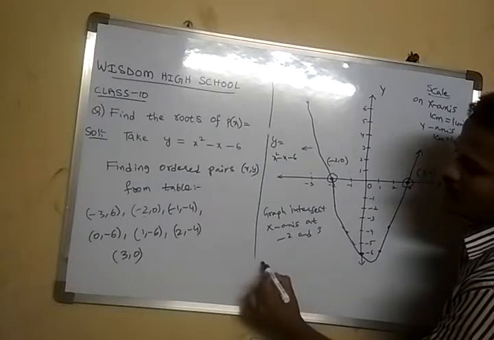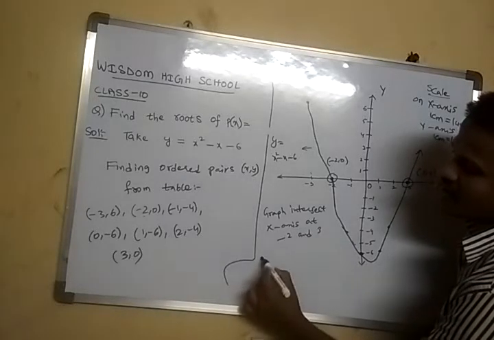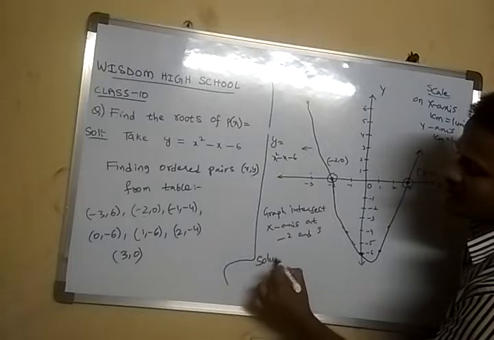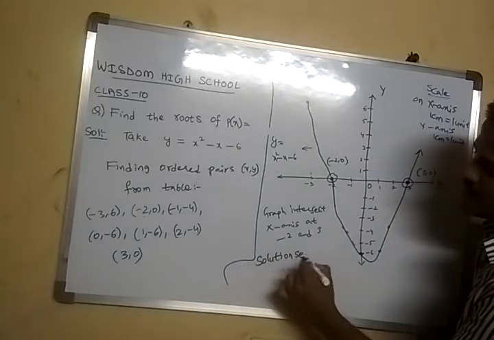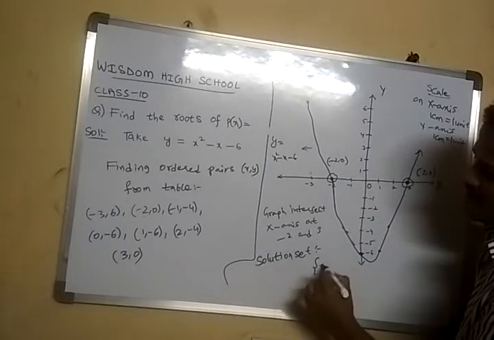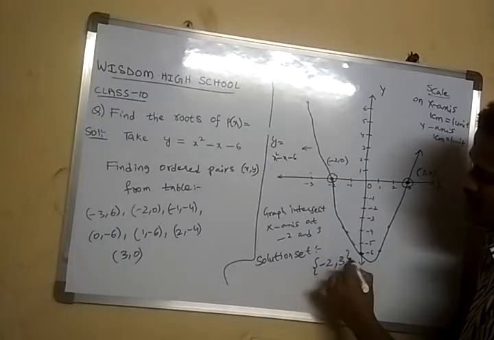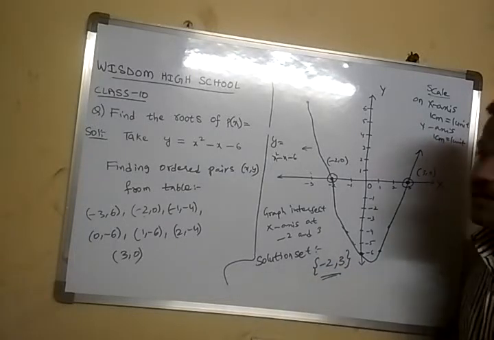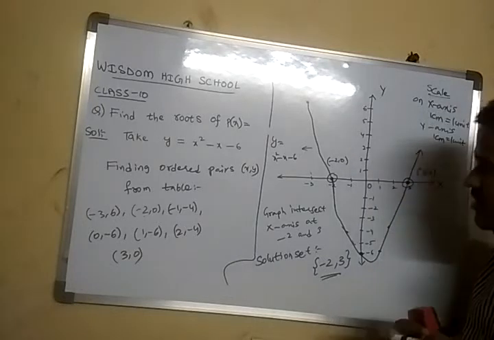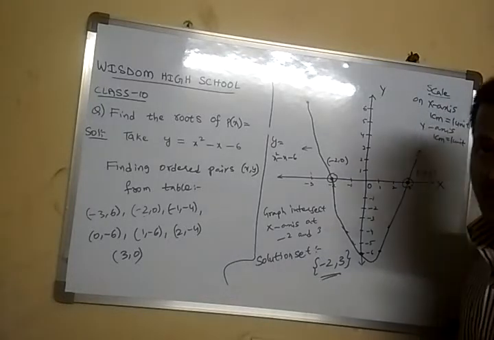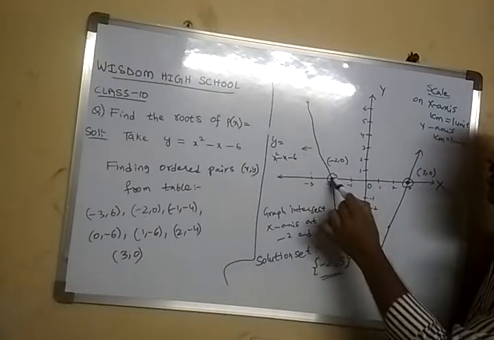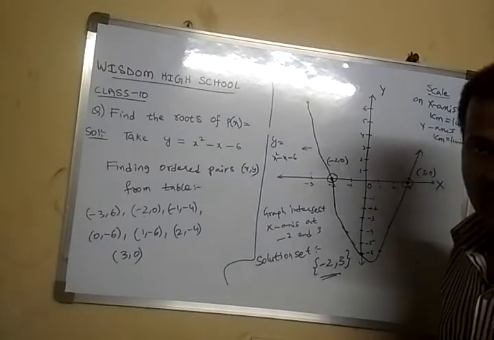So the solution set is minus 2 comma 3. So this is the answer for the graph. I hope you understood how to plot the graph and how to find the roots.